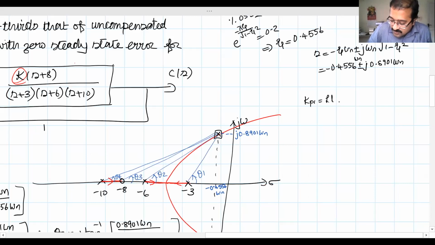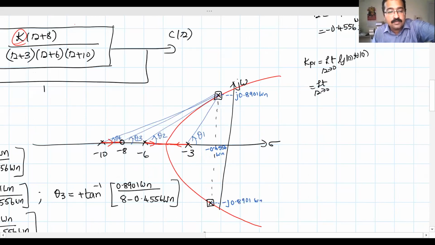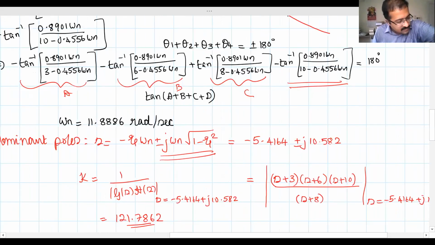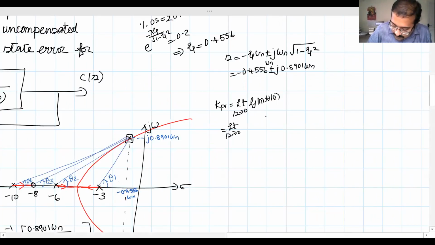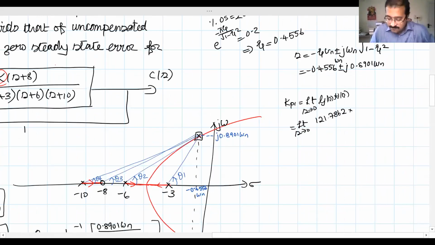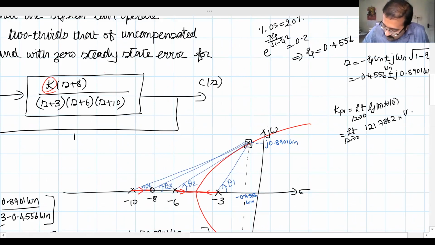Limit s tends to 0 of K, where K is the value we found for the dominant pole, 121.7862, into s plus 8 divided by s plus 3 into s plus 6 into s plus 10.